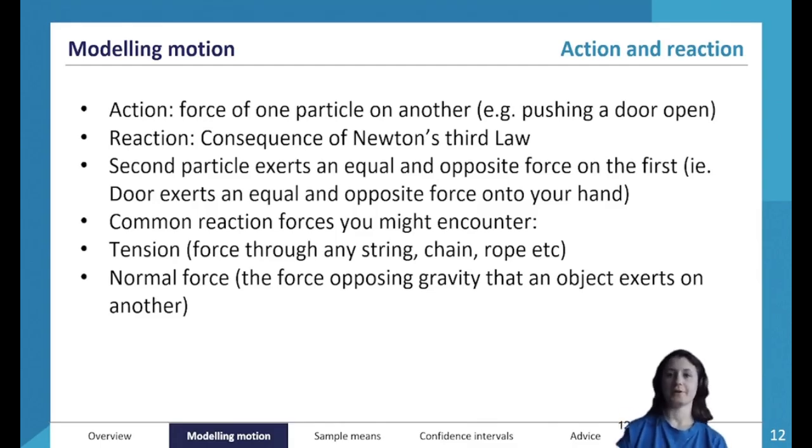We could even think about this in terms of action and reaction. The table is reacting to the box being there by exerting an equal and opposite force, so that's why the normal force always acts perpendicular to the surface, or at right angles to the surface, because the gravity is acting opposite.